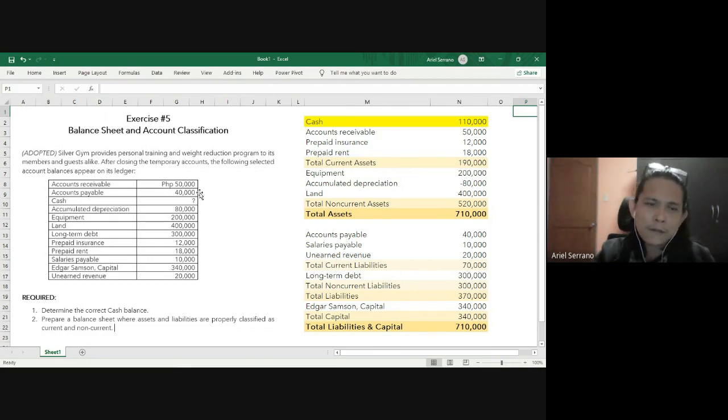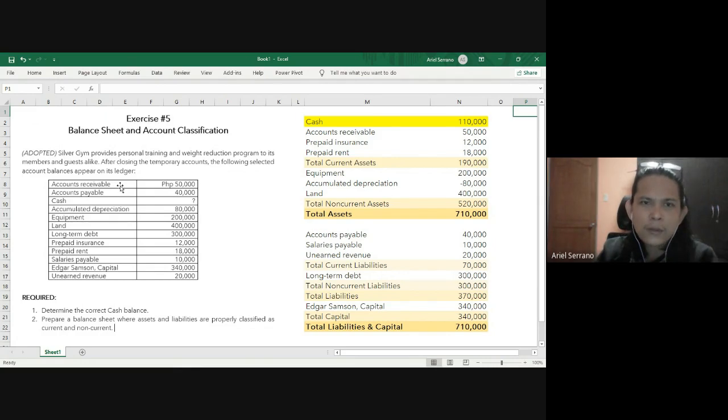For those of you who cannot see this well, let me just read this to you. This is about Silver Gym that provides personal training and weight reduction programs to its members and guests alike. After closing the temporary accounts, the following selected account balances appear on its ledger.